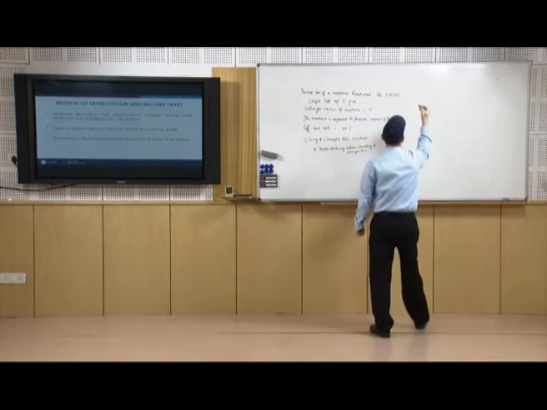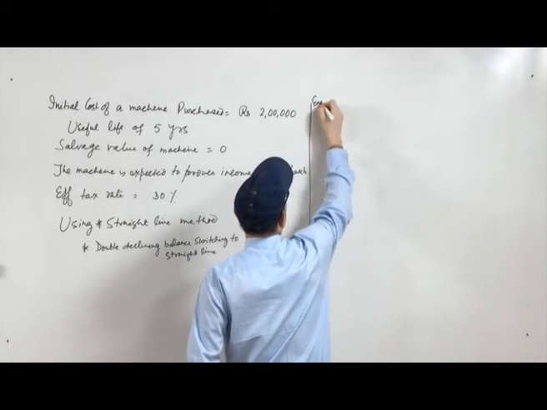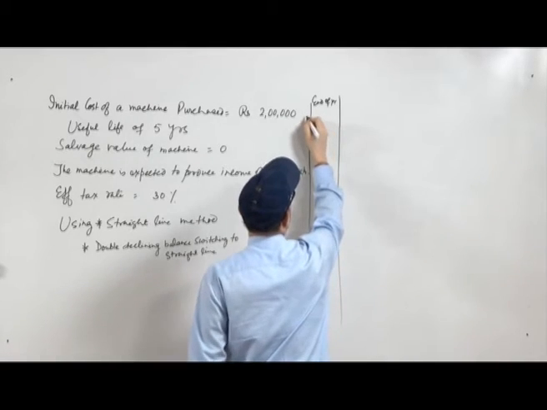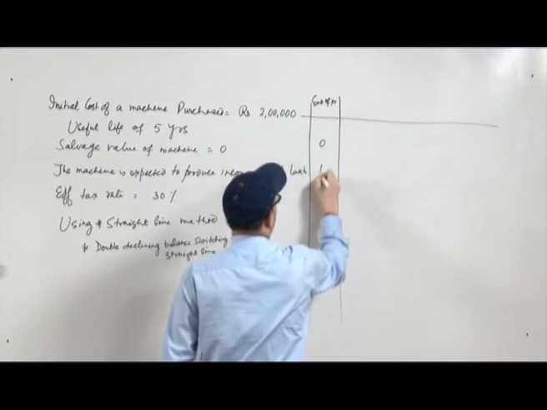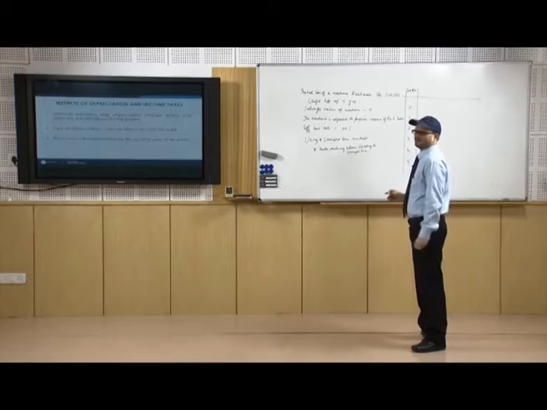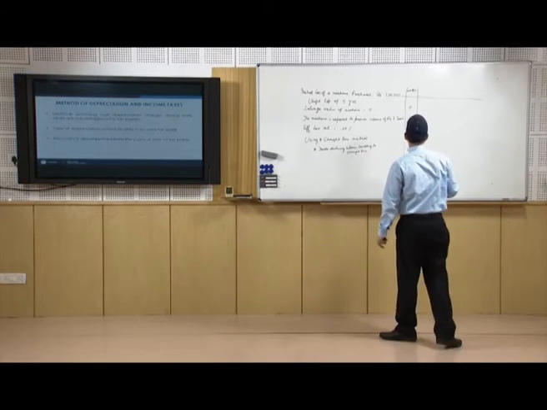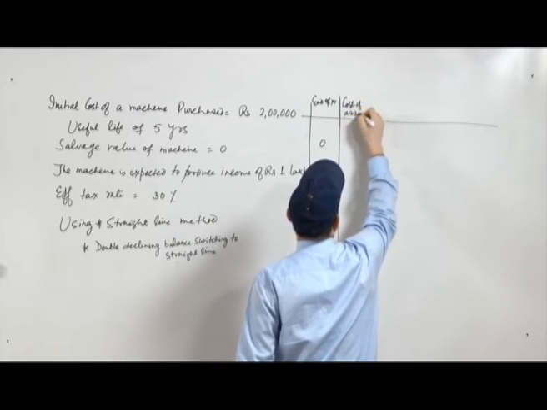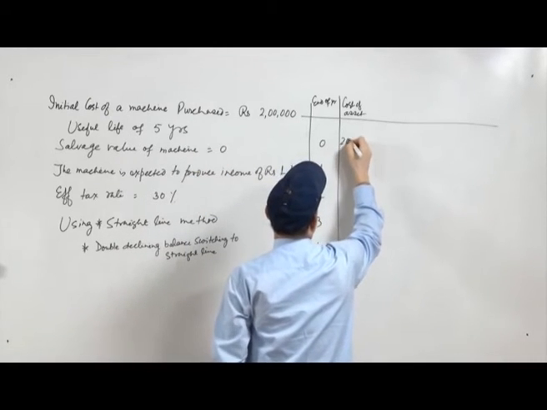Now, let us say we can have a table in which we will do the tax calculation. So, let us see, it is year 0, 1, 2, 3, 4 and 5. Now, first of all, the first cost of the asset in the 0th year we are taking as an amount of 2 lakhs.